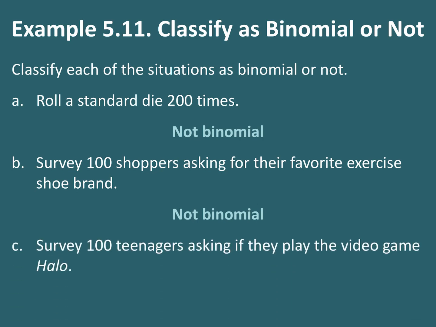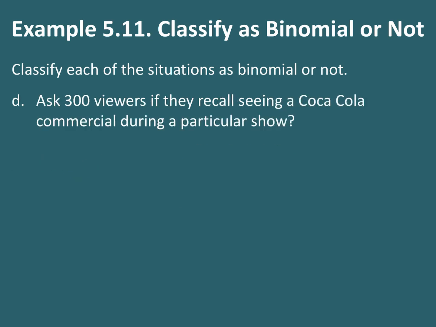3. Survey 100 teenagers and ask them if they play the video game Halo. This is definitely binomial. The answer is either yes or no. Next, ask 300 viewers if they recall seeing a Coca-Cola commercial during a particular show.